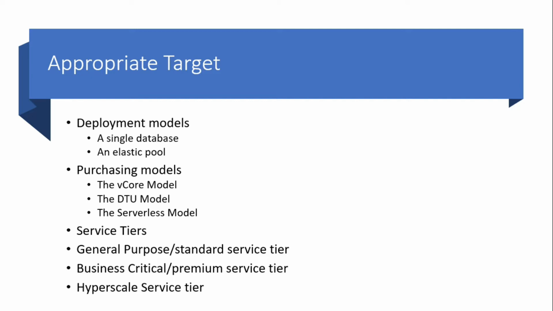And you might also be considering the purchasing models, whether you would like to go for a vCore model, a DTU model, or a serverless model. And a couple of service tiers, like general purpose or standard, or business critical. These would impact the performance, and not just the performance, even the costing also.